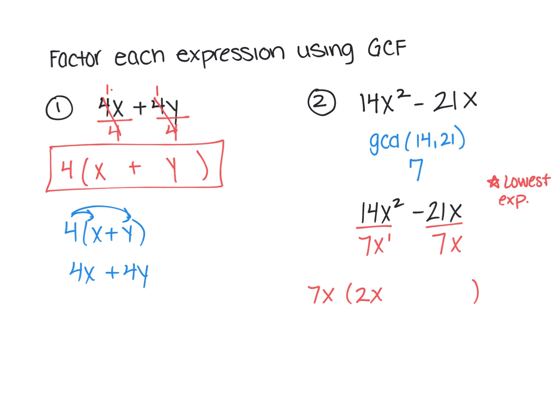And negative we can bring down. 21 divided by 7 is 3. And these x's will cancel out to 1. So 1 times the 3 is just 3. So we can leave it as that. So this is my final answer. Again, you can check it by distributing the 7x back out, and you should get your 14x squared minus 21x.